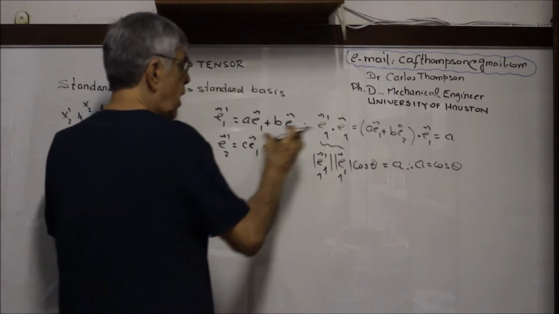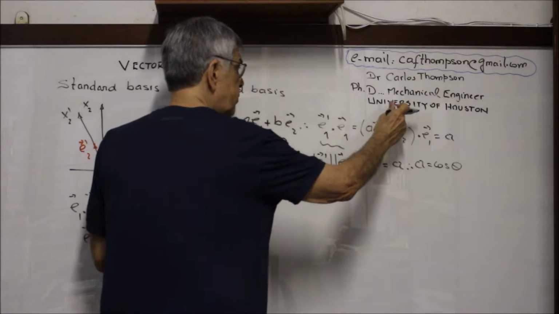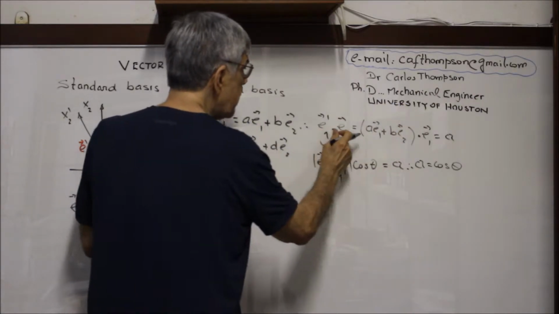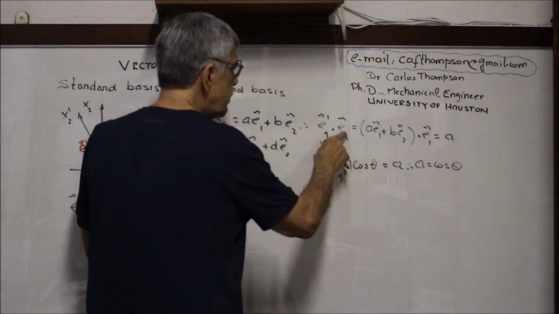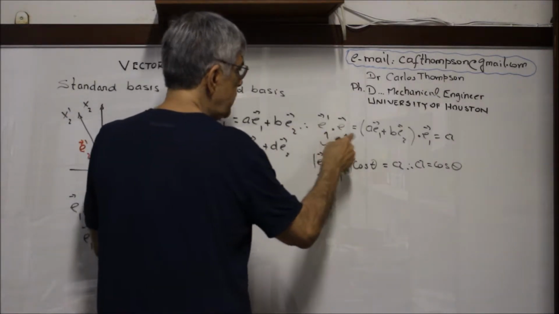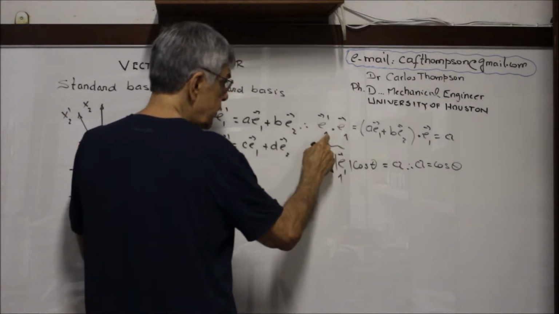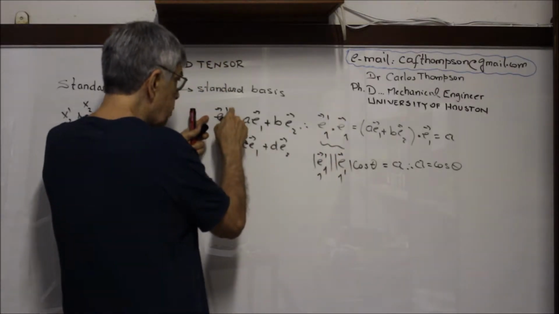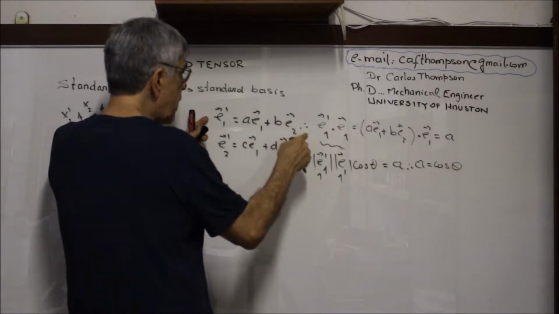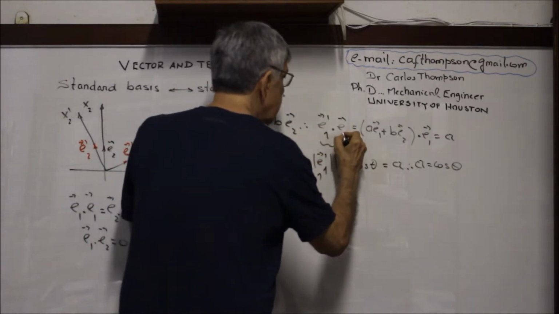Now to obtain B, I multiply by E2. I'll put it right here. Look, this is E1 prime, and I multiply both sides by E2.